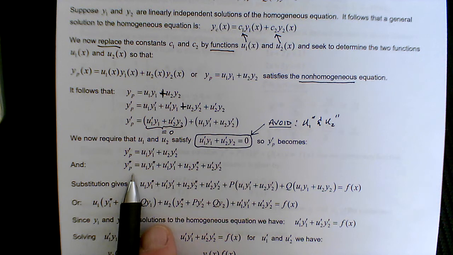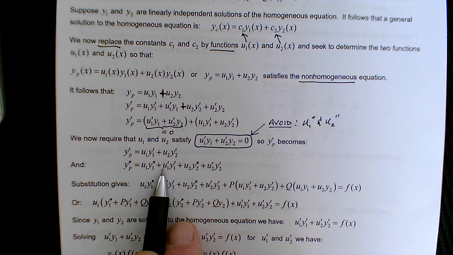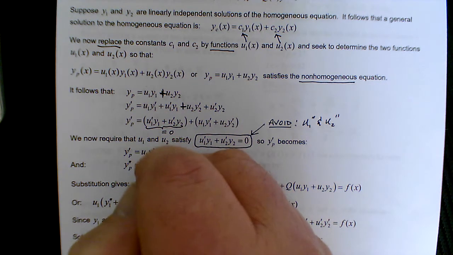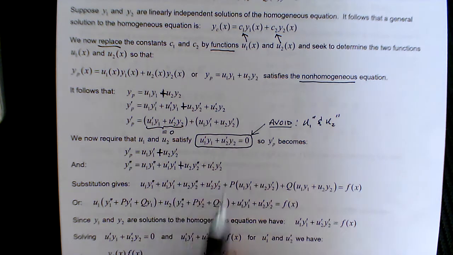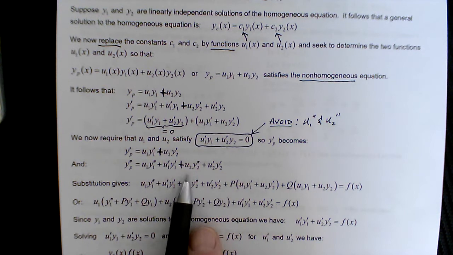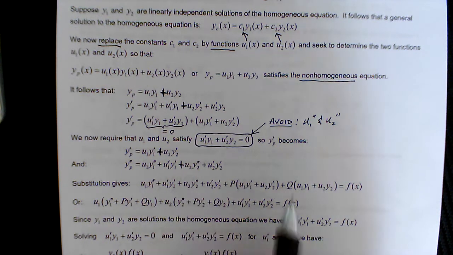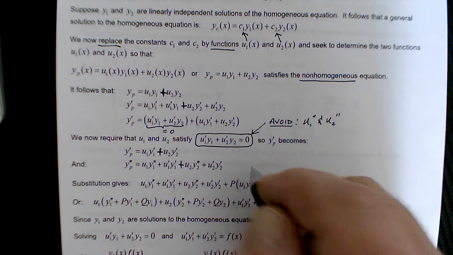And then we take the second derivative of that. And so by the product rule, first factor, u1, times the derivative of the second, y1 double prime, plus second factor, y1 prime, times the derivative of the first, u1 prime. Okay, again, the product rule on the second one to give a similar result. And then we make the substitution into the non-homogeneous differential equation.